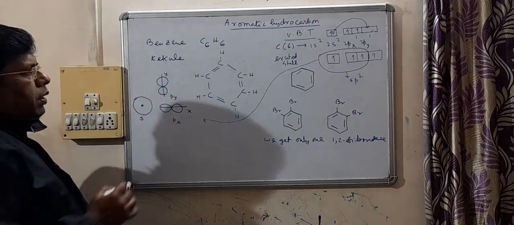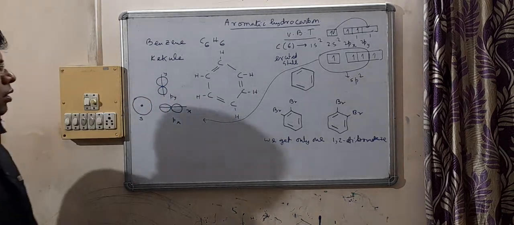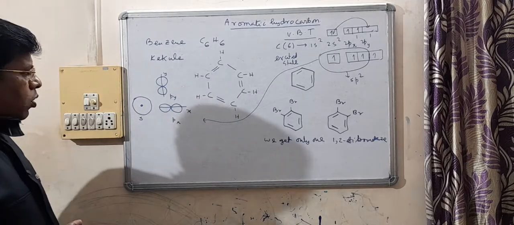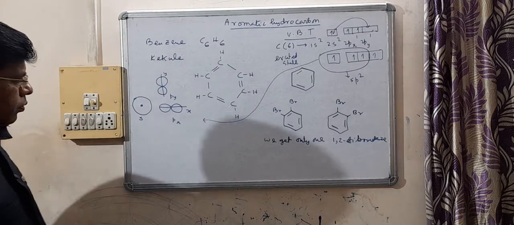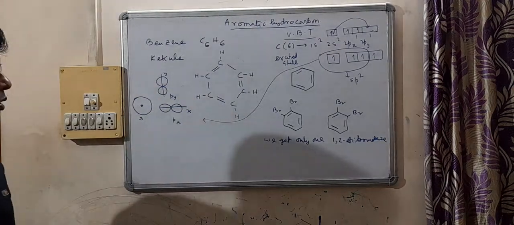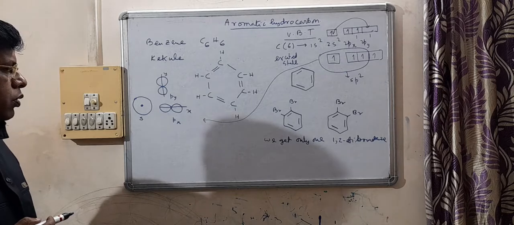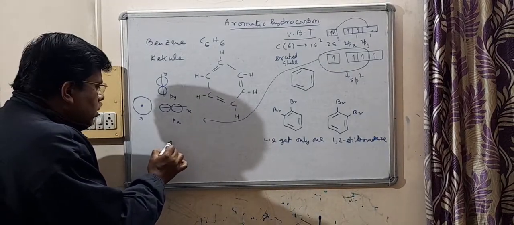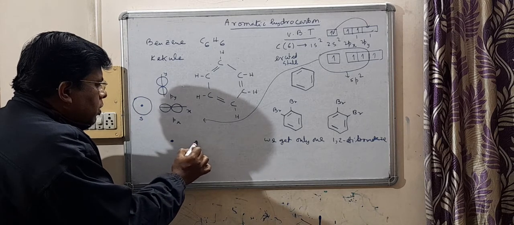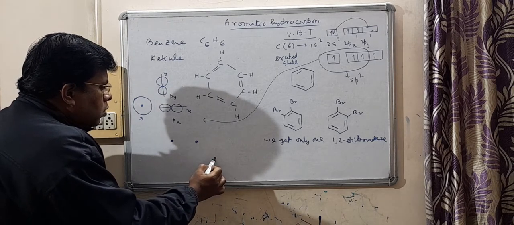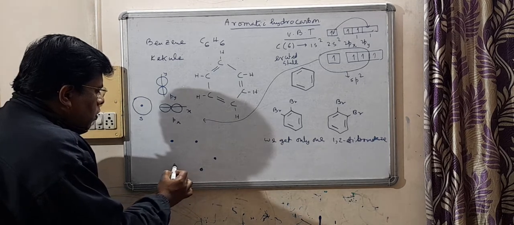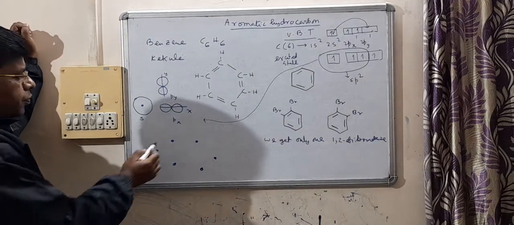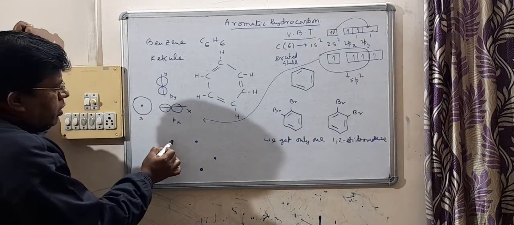These three orbitals take part in mixing, and we get three hybrid orbitals, which naturally have an angle of 120 degrees between them. So first let me place the 6 carbon atoms: 1, 2, 3, 4, 5, 6. Each carbon is sp2 hybridized.